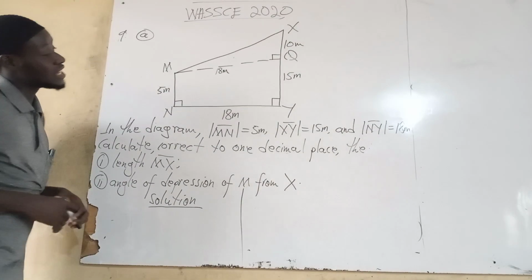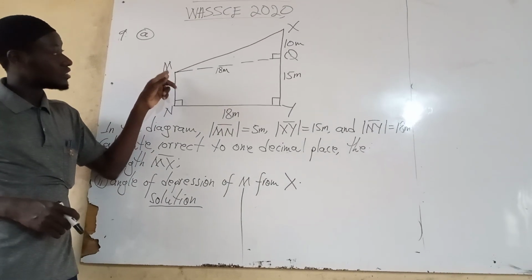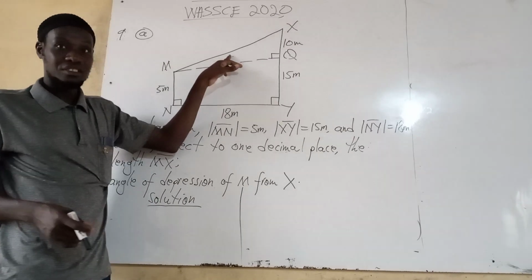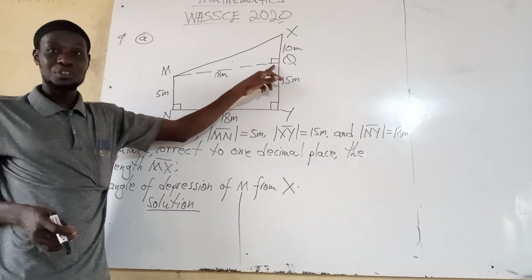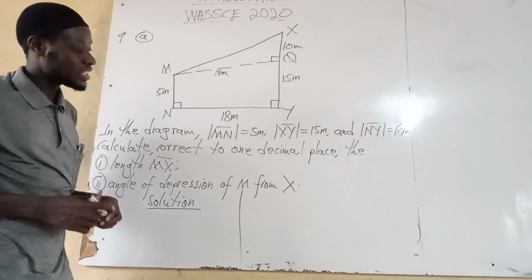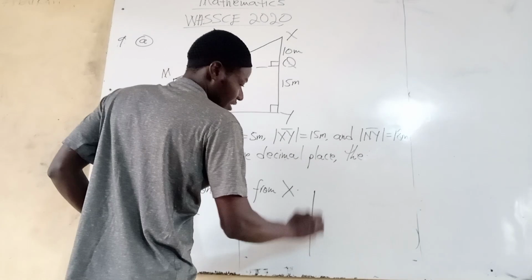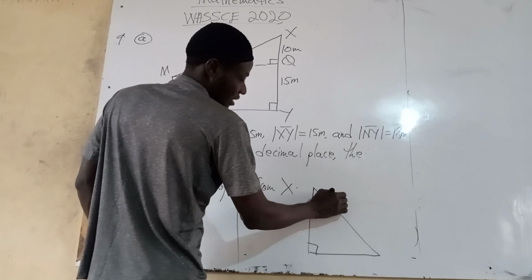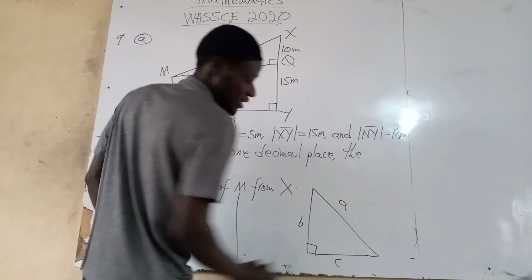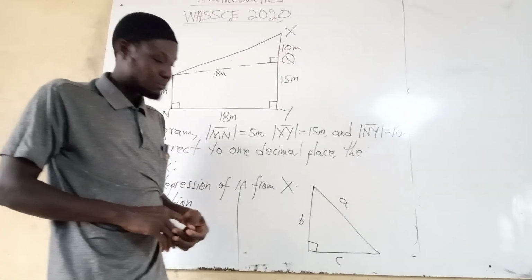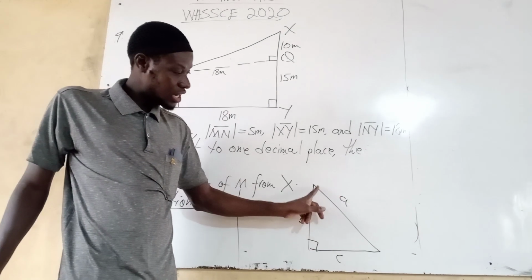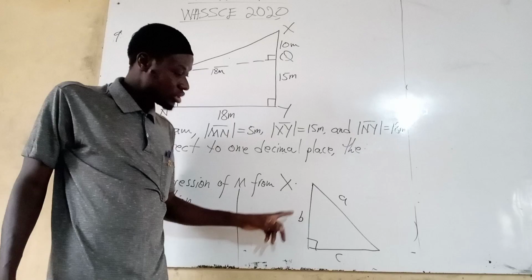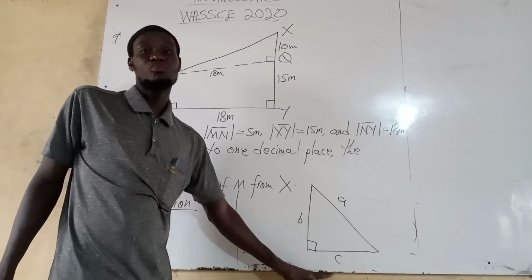Now, having done that, you see that the triangle MXQ becomes a right angle triangle. Now, for a right angle triangle with lengths A, B, and C, by Pythagoras, the square of the longest side, what they call the hypotenuse, is equal to the sum of the squares of the other two sides.